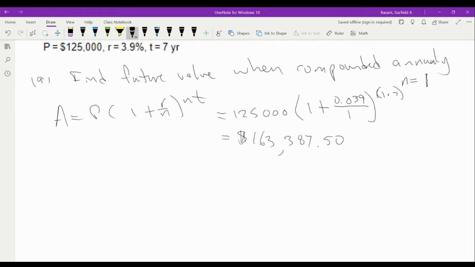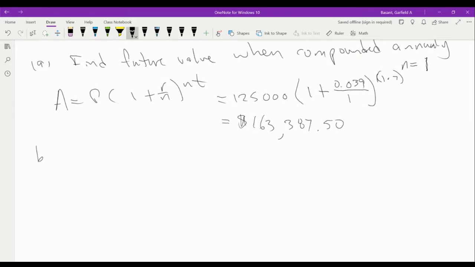What's the difference there? $38,000. So if you invested 125,000 at 3.9% for 7 years, you'd have made $38,387.50. Not bad if you have $125,000 to sit down in the bank.